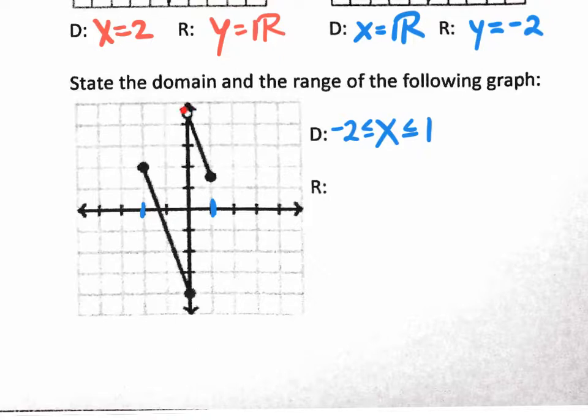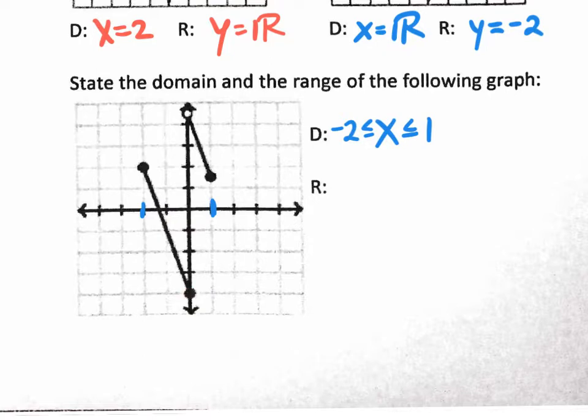Now first of all, this open dot, it's kind of funky because it's not quite at the value of 4 or 5. Let's say it's 4.5, okay? So the y value has to be below 4.5, but it has to be above negative 4. Does that make sense?